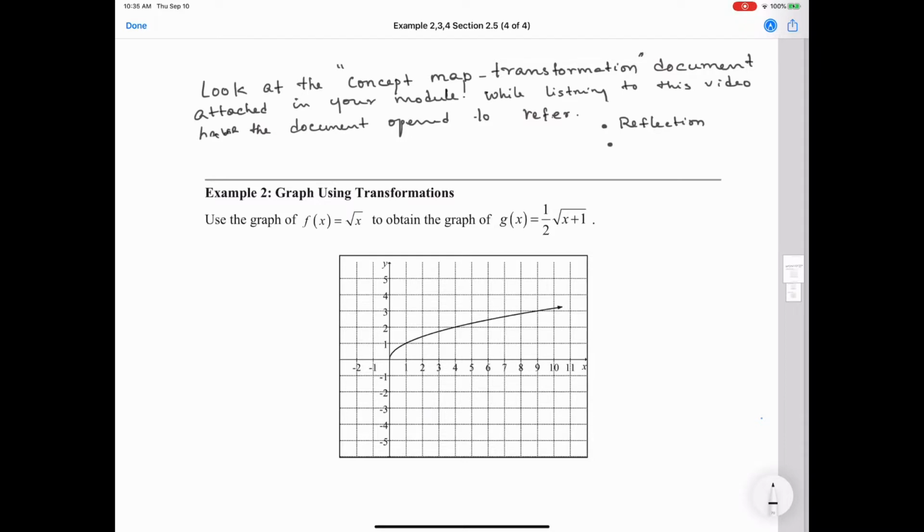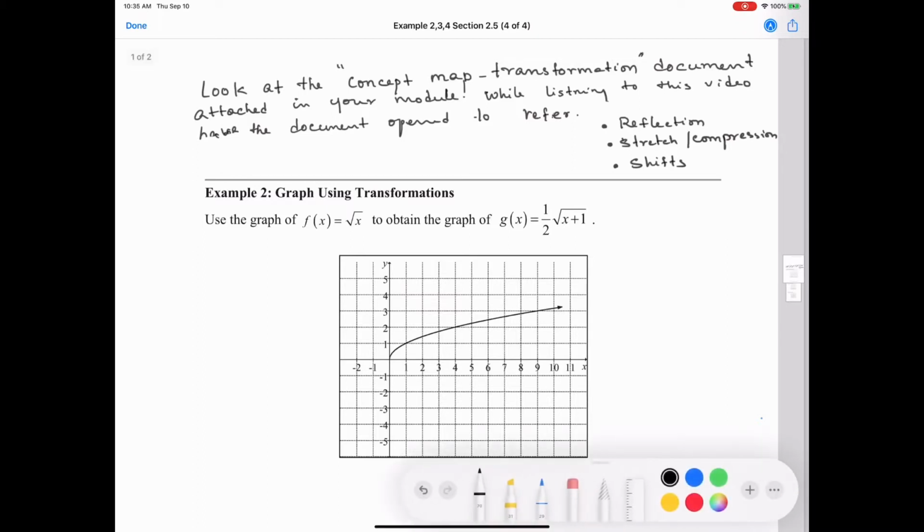The next option would be, if there is stretch or compression, do that next. And the last transformation must be the shifts. Okay, if you do the problems in this order, then you will definitely not have any problems.